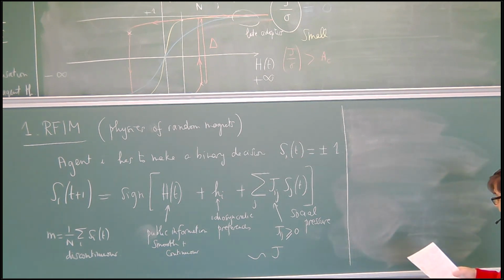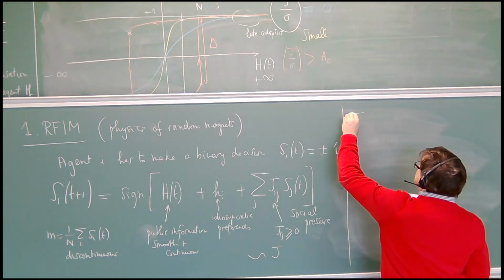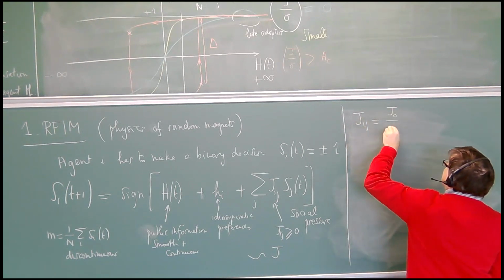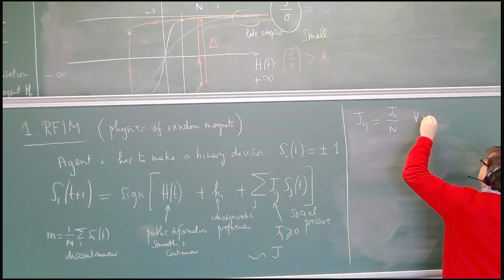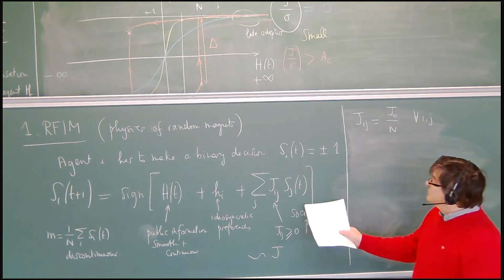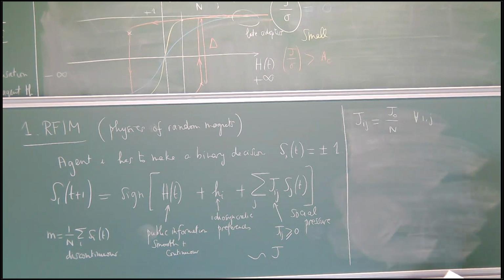It's a pretty faithful approximation. So what I'm going to assume is that J_ij is equal to J0 over N for all pairs, which means again that everybody is connected to everybody else. And I'm going to give another interpretation that's a little more convincing in a second. But for now, you imagine that you take your cues from a very large number of people, and all of them have the same influence on you.